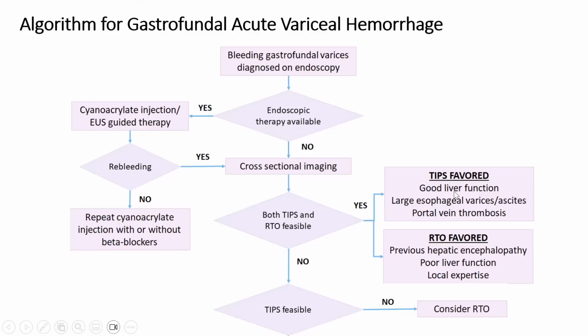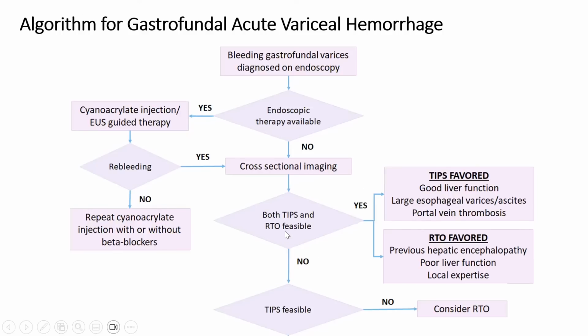Then you think about TIPS when there's good liver function, large esophageal varices, and portal vein thrombosis. Whereas RTO, if there's previous hepatic encephalopathy, poor liver function, and local expertise is available. You must see that this algorithm is a generalization of my last 40 minutes of talking. Okay, so there are other factors to consider, but in general, okay.